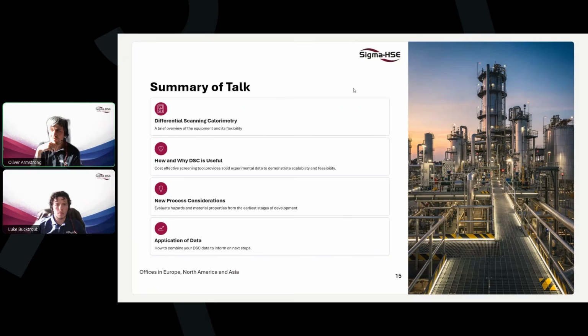Again, to consider new process considerations, to evaluate hazards and material properties from those early stages, or when reassessing an existing process for any changes. And finally, also how we apply this data into fully evaluating a chemical reactive process.